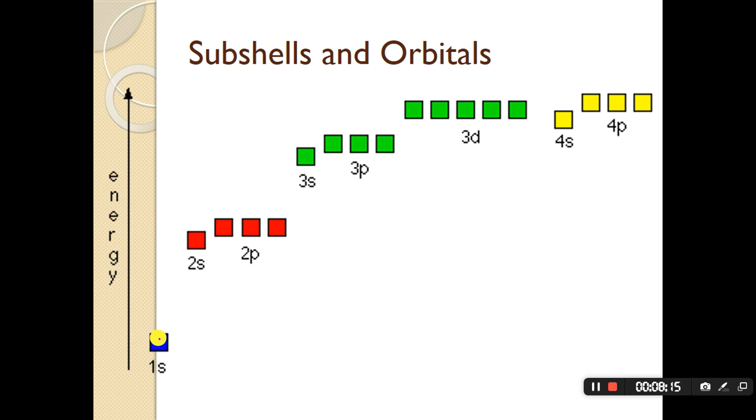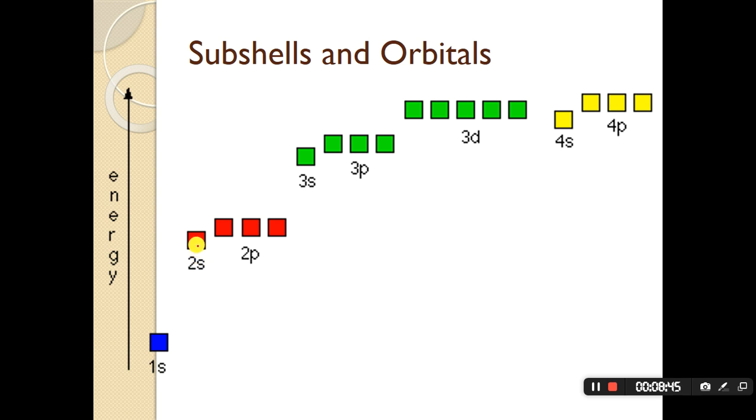What we're showing here is that each box represents an orbital, or a region of space where electrons are found, and these boxes are distributed in this diagram based on the energy level that they possess. The first one has the lowest energy level, so that is the first subshell. This orbital belongs to the first subshell, the 1s subshell.